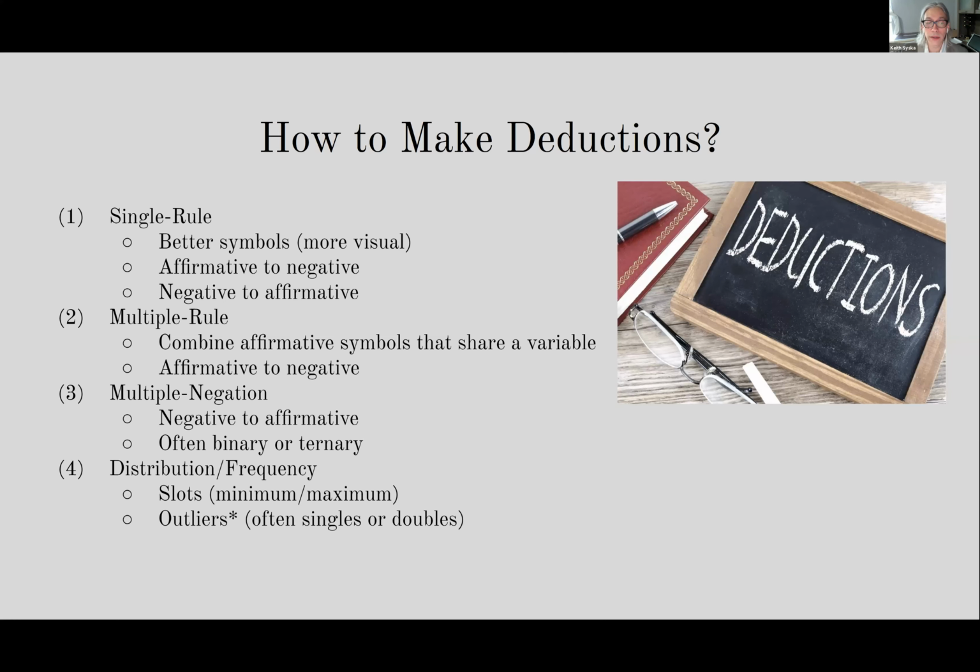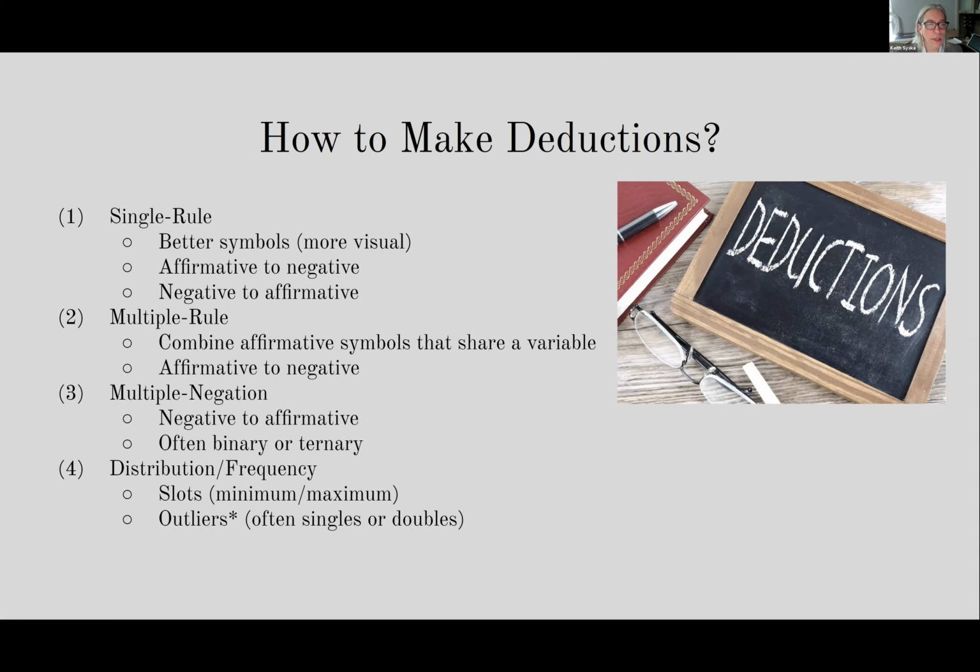So, what I'm hoping is that if you do these steps diligently on blind review, the deductions will simply occur to you on a time test. I'm not suggesting that you stop and do these things one at a time on a time test. All right, but here's how you learn how to make deductions. Maybe that's what I should have titled the slideshow, how to learn how to make deductions.